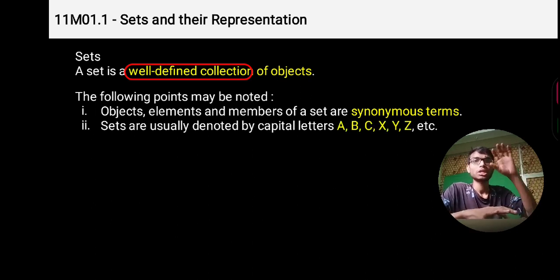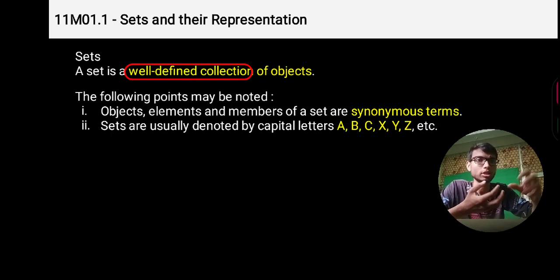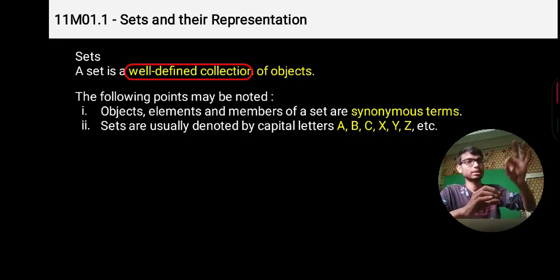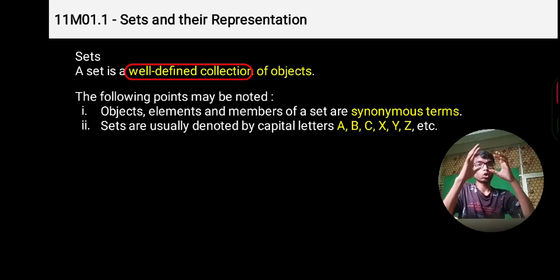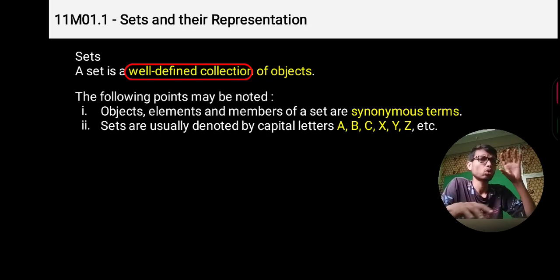Now, sets are usually denoted by capital letters. Remember, you are saying that this many objects are in the set. Then, rather than writing the word set, you can just use a capital alphabet letter to represent a set.